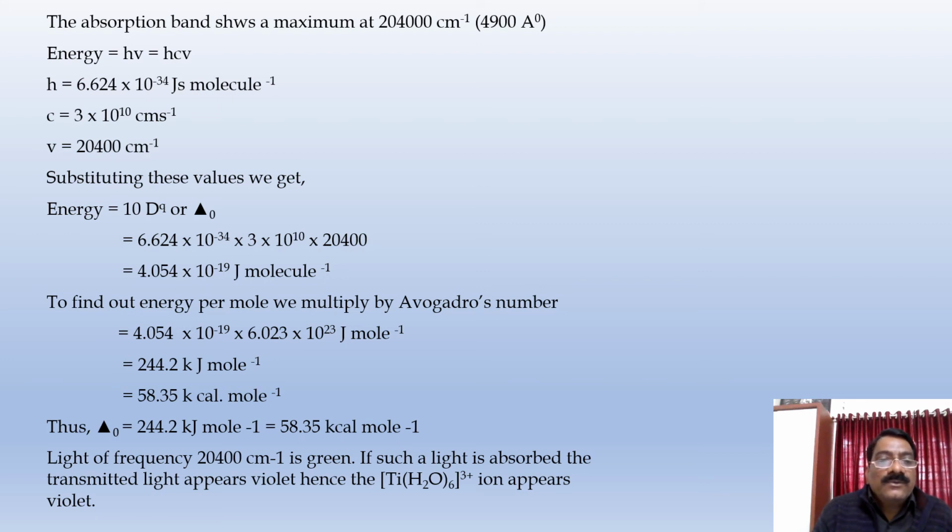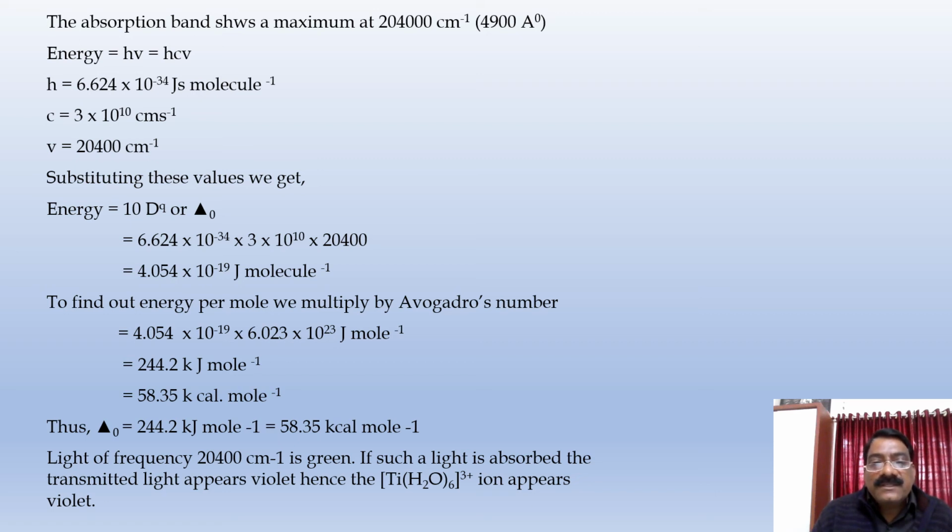We get 244.2 kilojoules per mole, that is 58.35 kilocalories per mole. Thus delta O is equal to 244.2 kilojoules per mole, that is 58.35 kilocalories per mole. Light of frequency 20,400 cm^-1 is green.